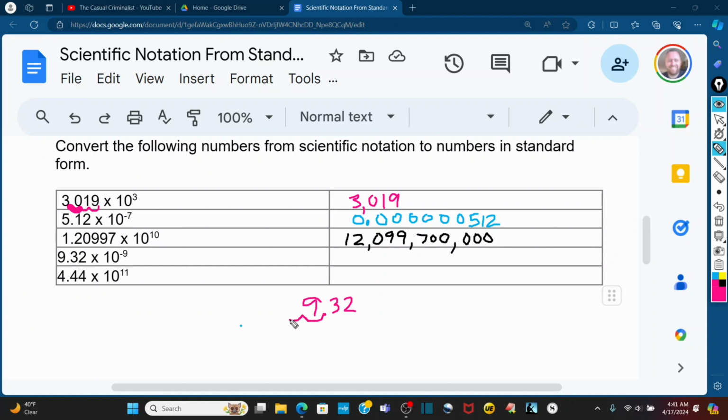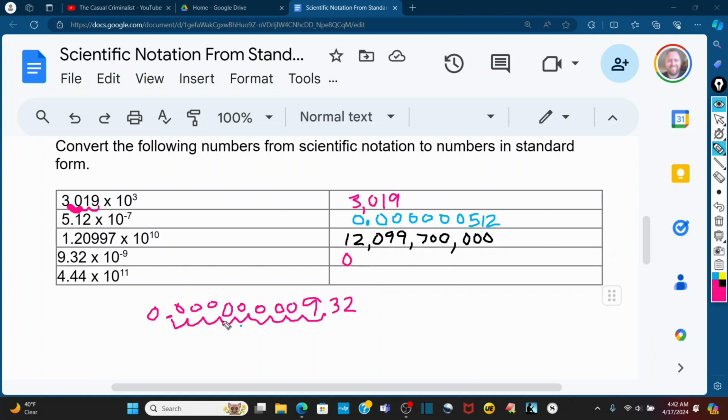So I go 1, 2, 3, 4, 5, 6, 7, 8, 9. There's a decimal point here. Add the zeros. I'm bad with my zeros this morning. And add a 0 here. Okay, so let me place that in our table. We got 0.